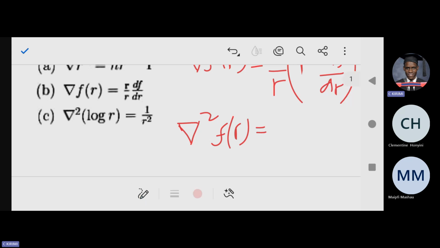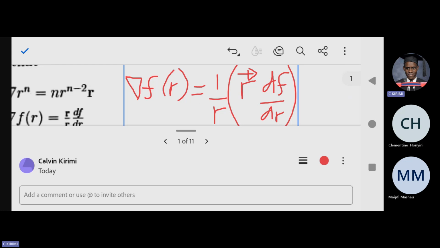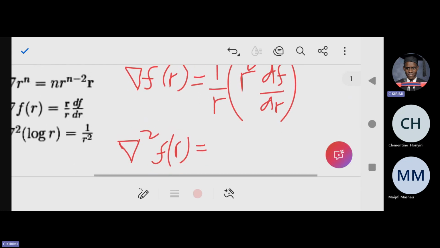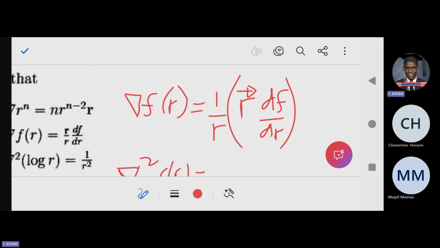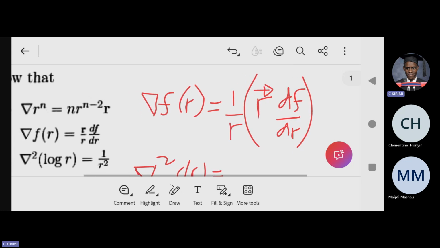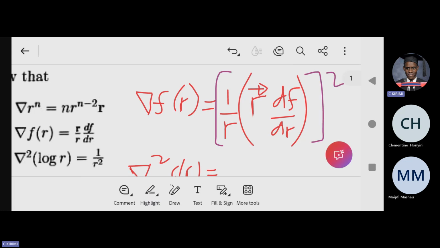That is correct. But in this case, once you have already been given the formula for the above, how are you going to relate grad squared? We are squaring everything which is above, this whole term. That is the new strategy which I'm going to give you.